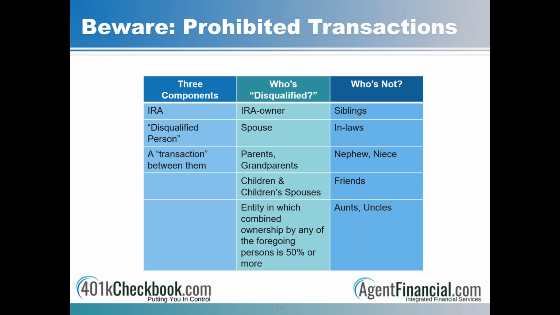But had you not owned it, had it been owned by anybody other than on this short list of disqualified persons, your IRA can buy that property. So if you're going to buy a turnkey property somewhere out of state, the IRA is the perfect vehicle with which to purchase that property. If you've got a property that you already own, your personal residence, that cannot be bought by your IRA. You've got to look for something that you do not have ownership in.